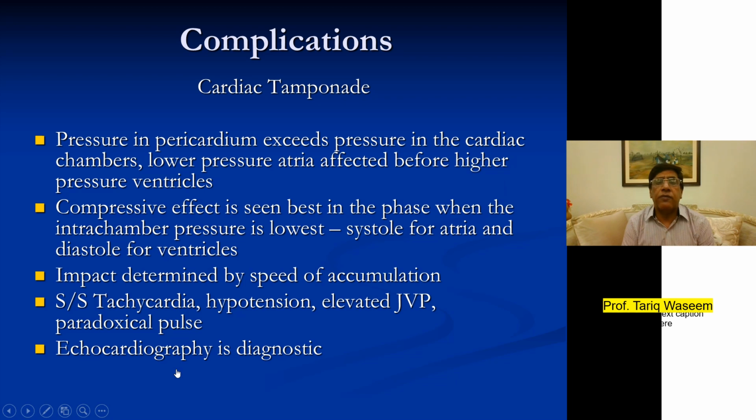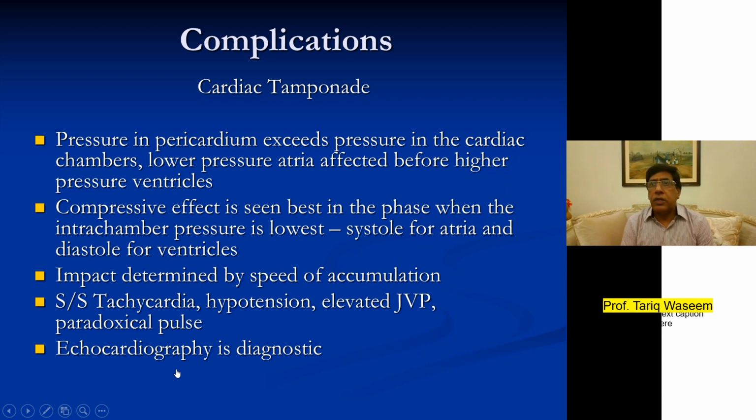So this compressive effect is best seen in the phase when the intracardiac chamber pressure is lowest, during systole for the atria and during diastole for the ventricles. So classically there is a diastolic collapse of the right ventricle, which is quite diagnostic of labeling that the patient is having tamponade.